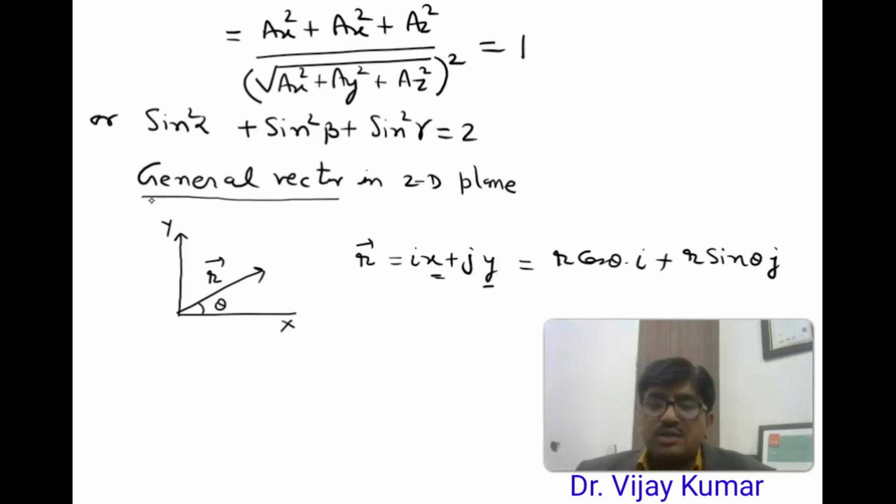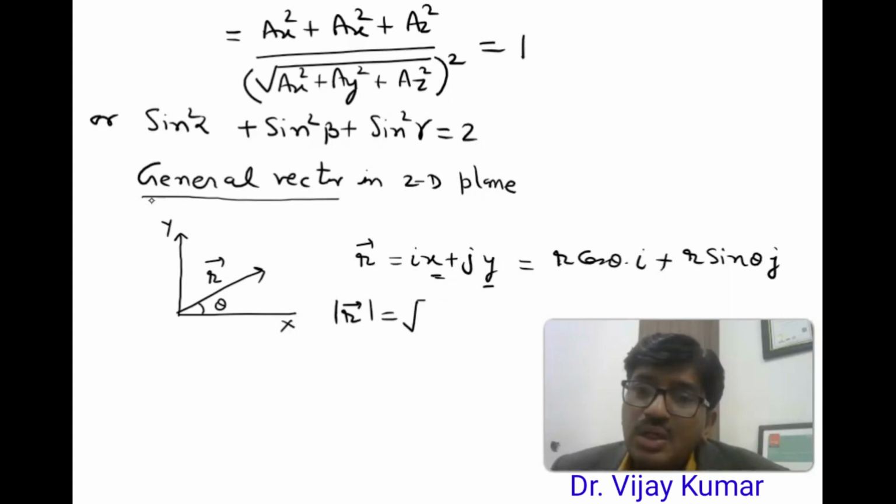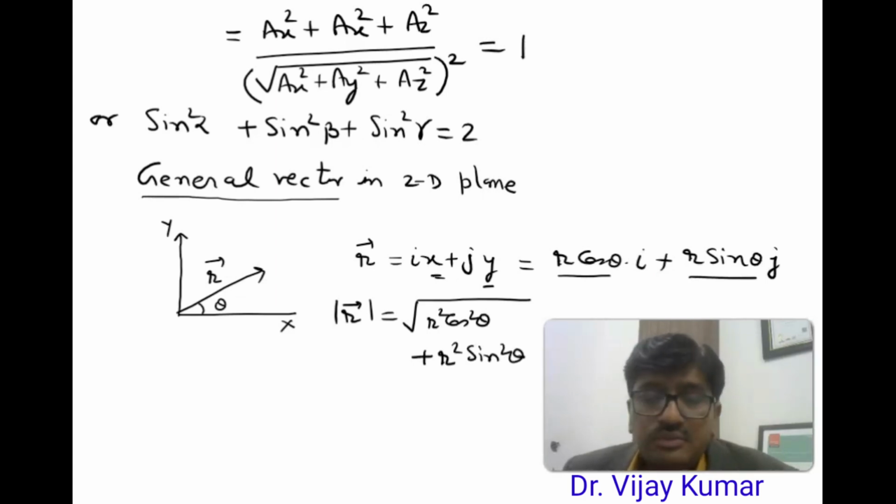This is R vector, and magnitude of R vector should be under root R square cos square theta plus R square sin square theta.